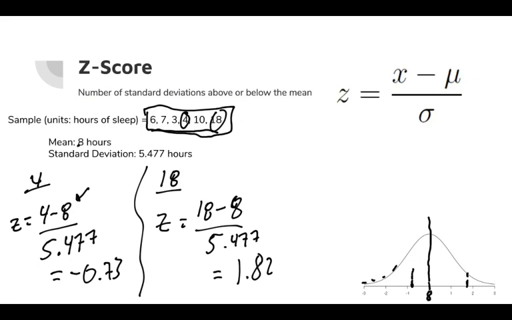And again, we can think about what this means: if I'm almost to 2 out here, that means this score falls within 95% of my data because that's for the 2 mark.